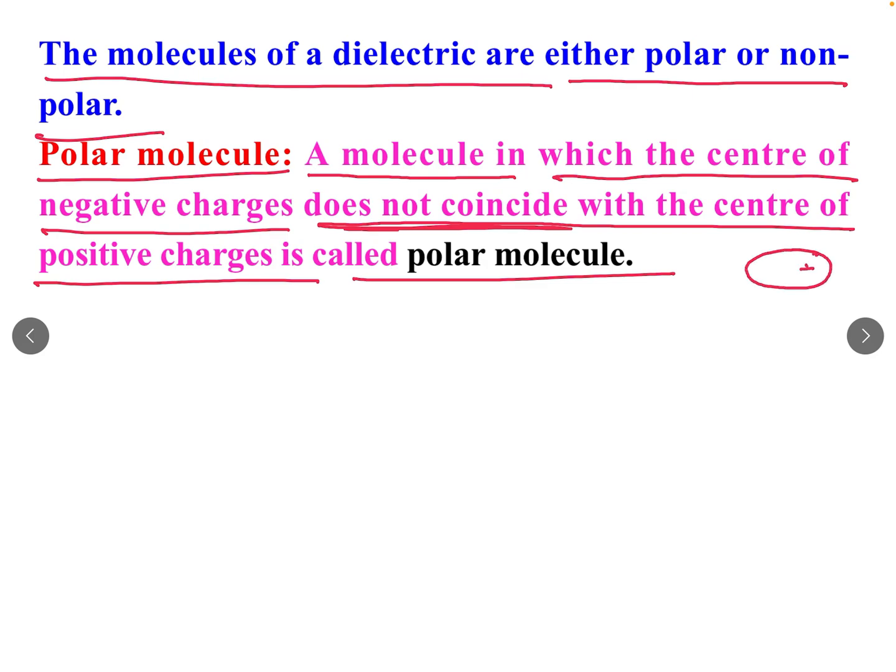At one side there will be the positive charge and at the other side there will be the negative charge, meaning the center of positive charge and the center of negative charge will be different. There will be some separation between them.